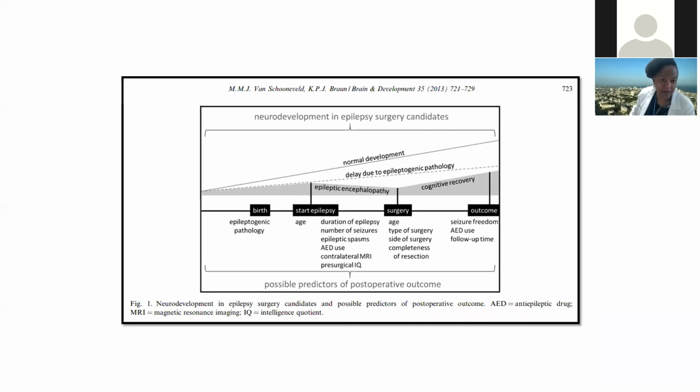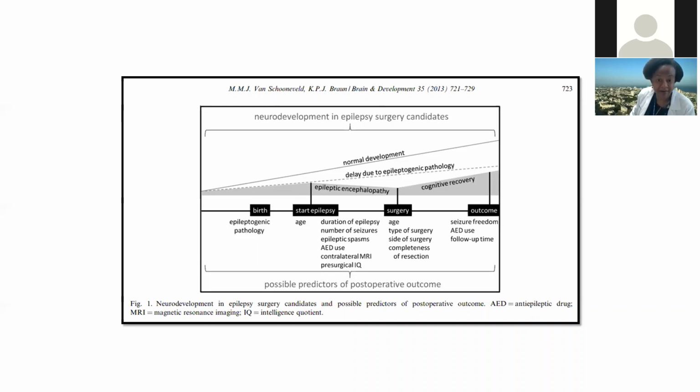But what happens is that the lesion is epileptogenic, right? So then there is a deviation from that curve, because the presence of seizures and spikes will make that development regress, okay? If we do epilepsy surgery, then we get the cognitive recovery.